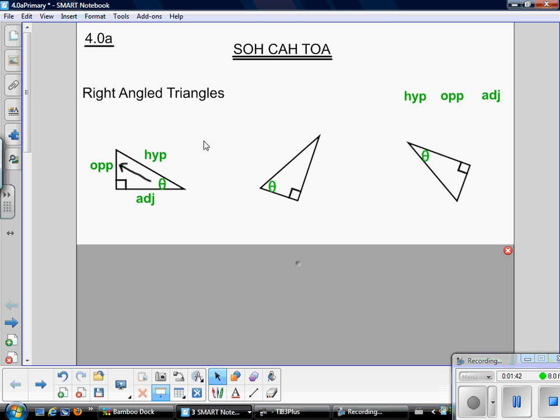Okay, it takes approximately 3 seconds to do it. So hypotenuse, opposite, adjacent. Okay, so you can just use the letters H, O, and A, and you're set to go.